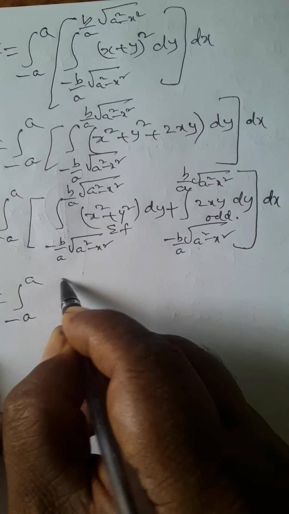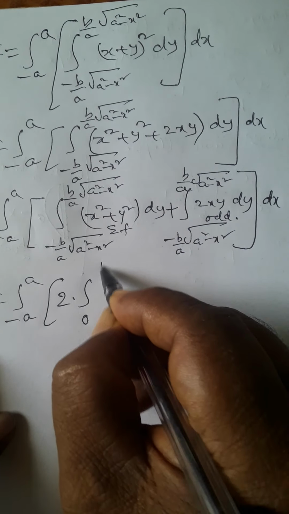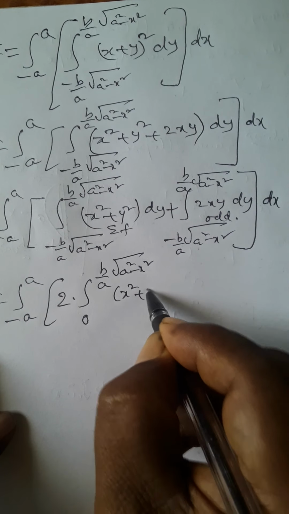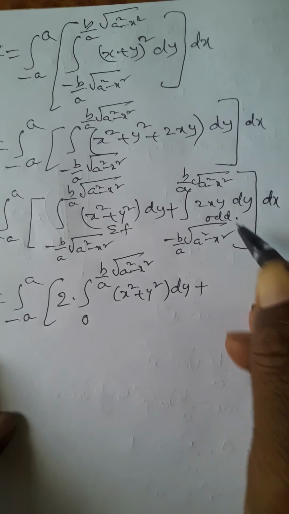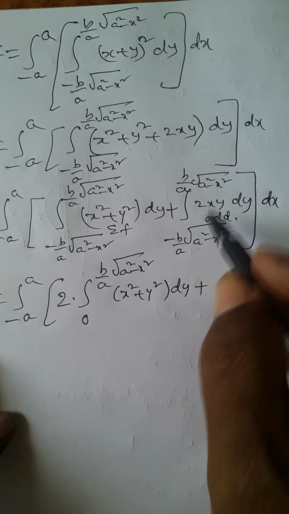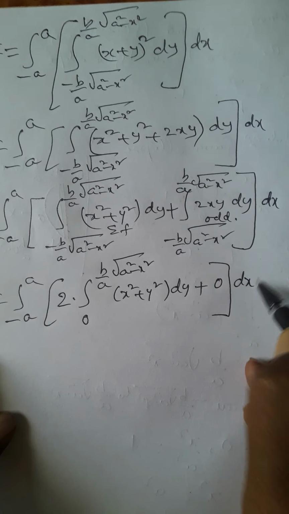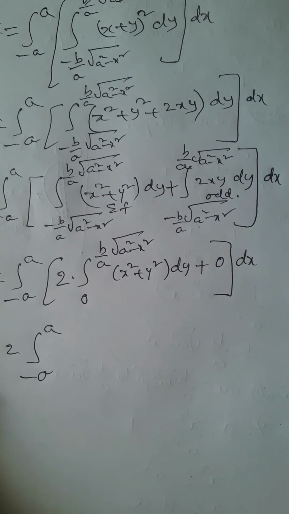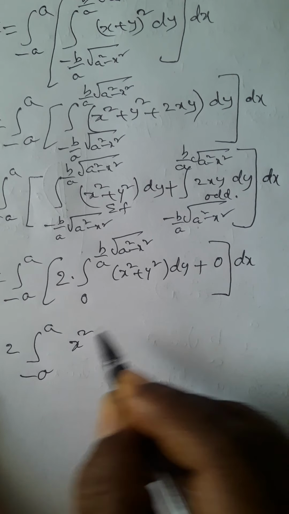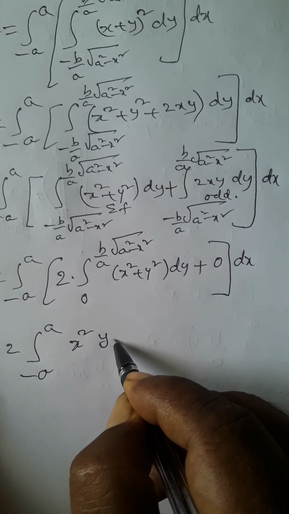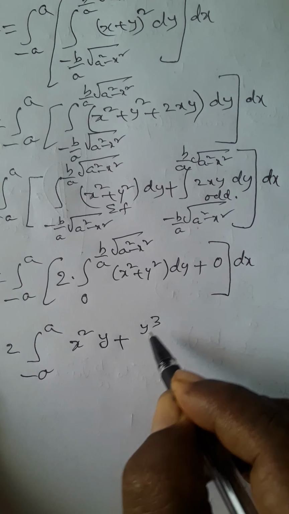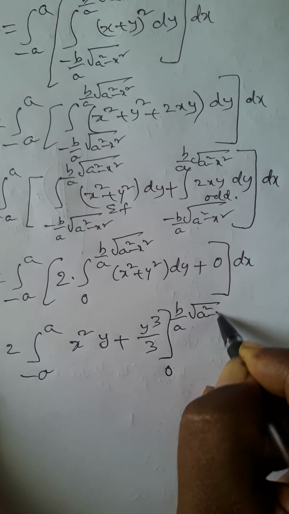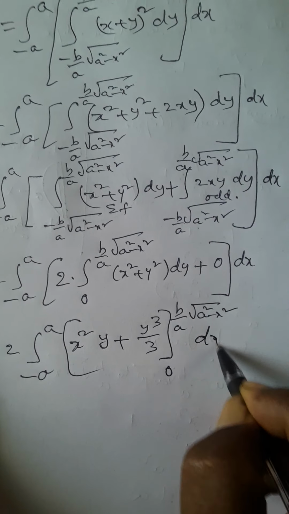So this can be written as 2 into the integral from 0 to b by a root of a square minus x square of (x square plus y square) dy. This is an odd function, y is an odd function, so its value is 0. So 2 into the integral from minus a to a of x square into the integral of dy, that is y, plus y cube by 3, from 0 to b by a root of a square minus x square, dx.